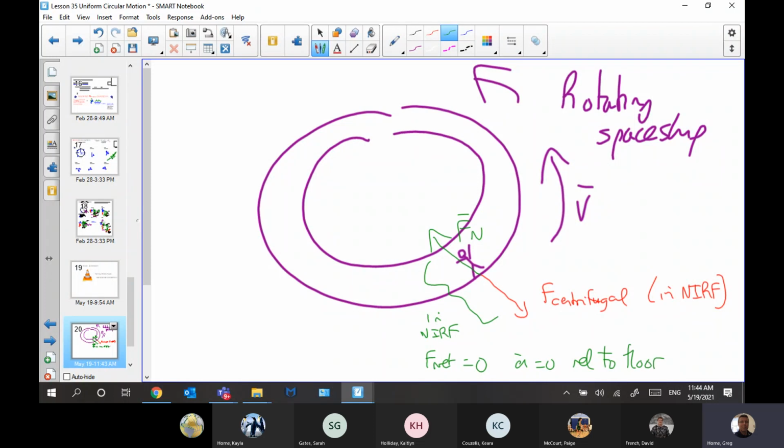This would feel exactly the same as standing on Earth. If this F centrifugal is set so that it equals Fg, the force of gravity, then this would feel exactly the same as walking around on Earth.